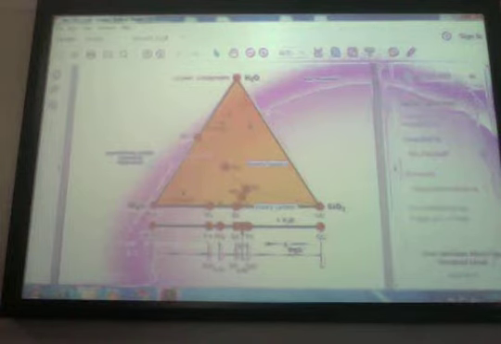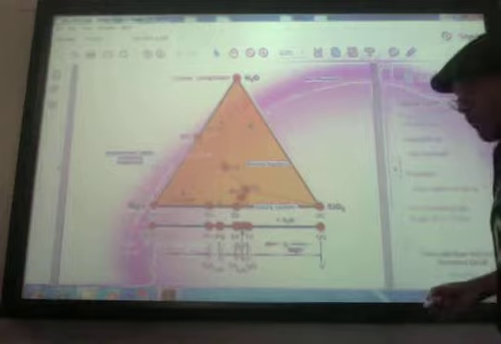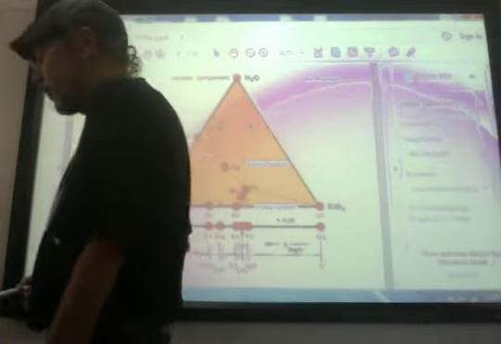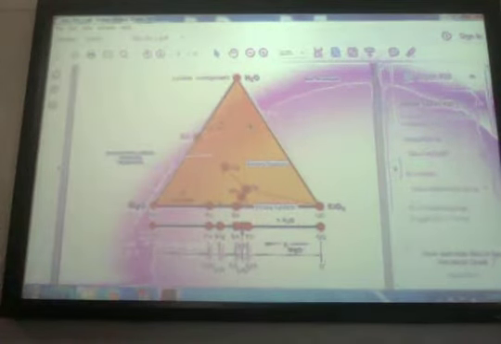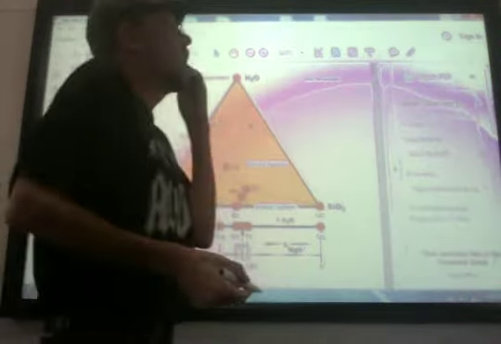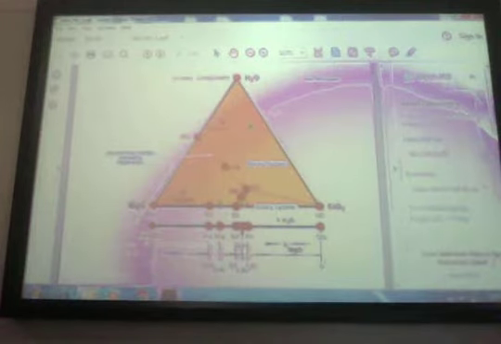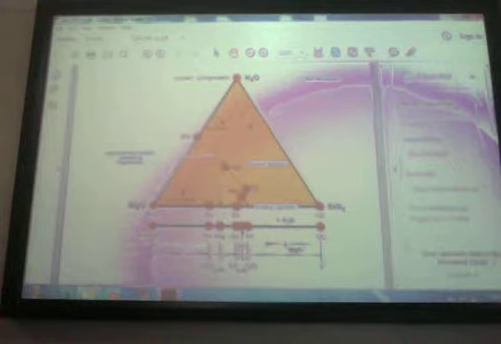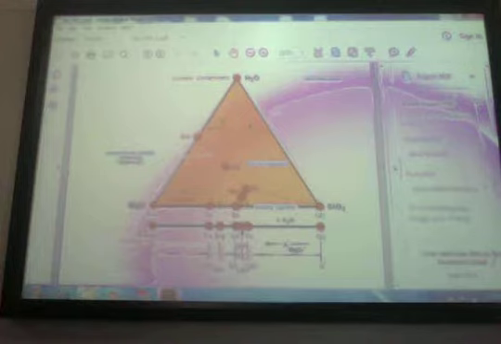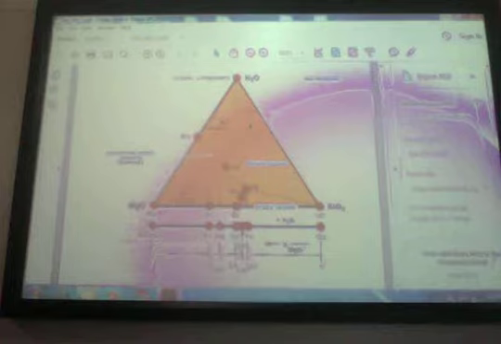Pyrolite is just a theoretical composition constructed or developed by Ringwood in 1967. And here we have then the water above, that is the ocean. Therefore, we are making here a ship, and we know that this is the ocean. And here we are going beneath the water, and therefore we are making a fish.